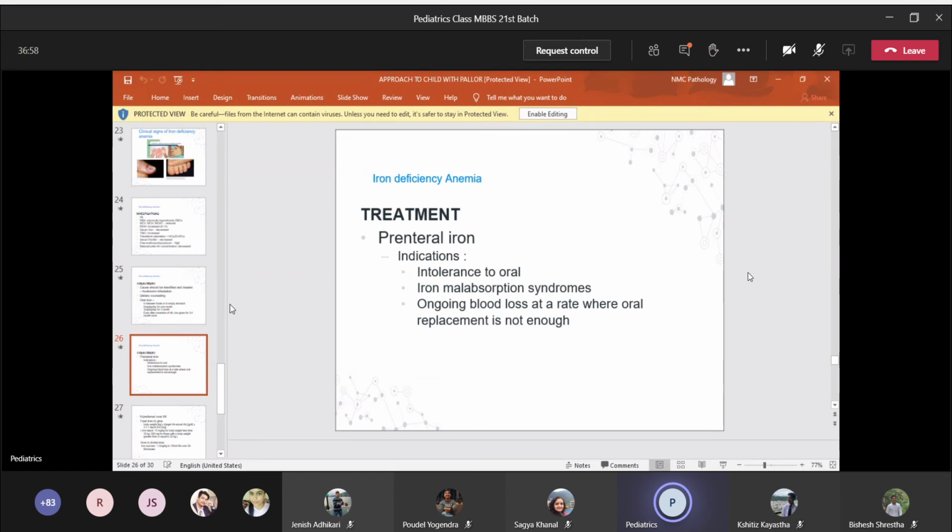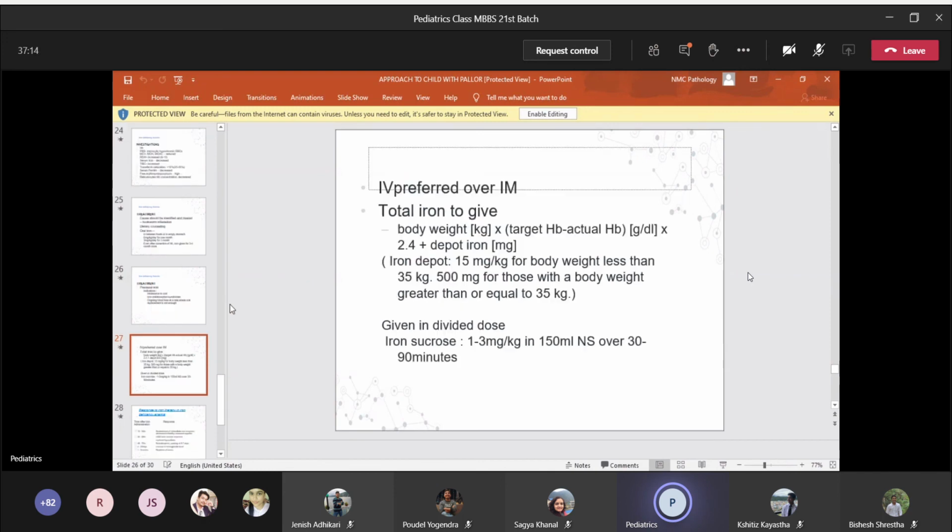Other indications are iron malabsorption syndrome, or ongoing blood loss at a rate where oral replacement is not enough to compensate. In these cases, we can give parenteral iron. Iron can also be given IM, but IV is preferred over IM.